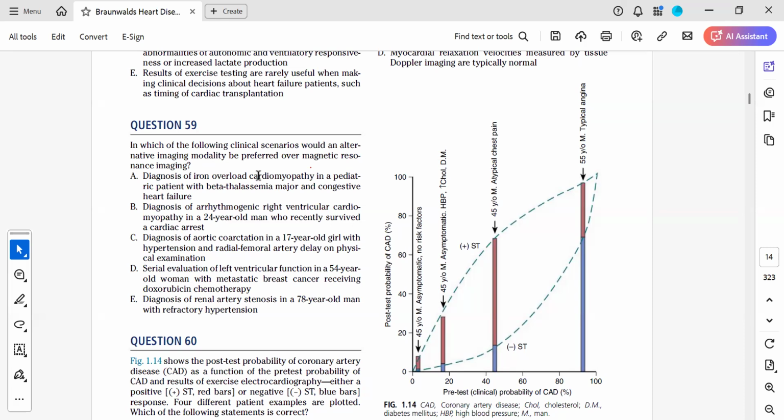This option is true because looking at this curve, you see that the 45-year-old man, asymptomatic, with no risk factors, has a low positive predictive value. You can see this bar is closer to zero. The fact that the man has a low positive predictive value means he is less likely to have coronary artery disease than a man of the same age. That's the third bar here.